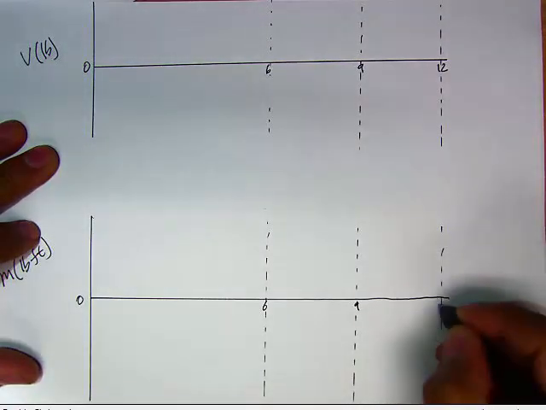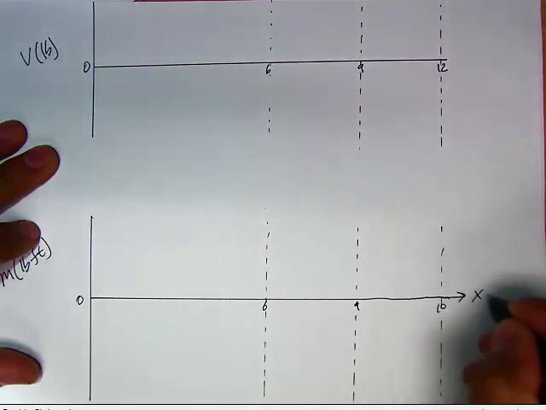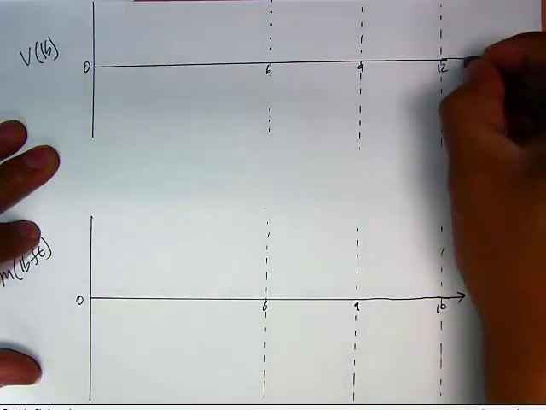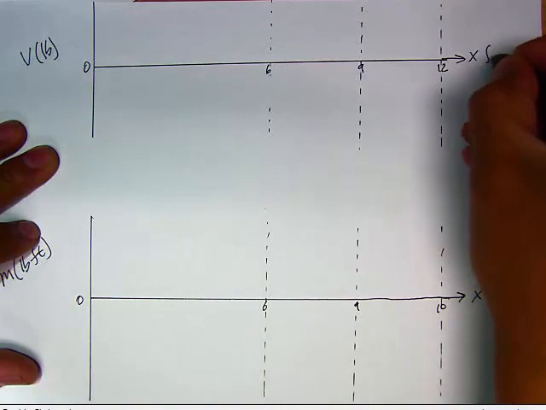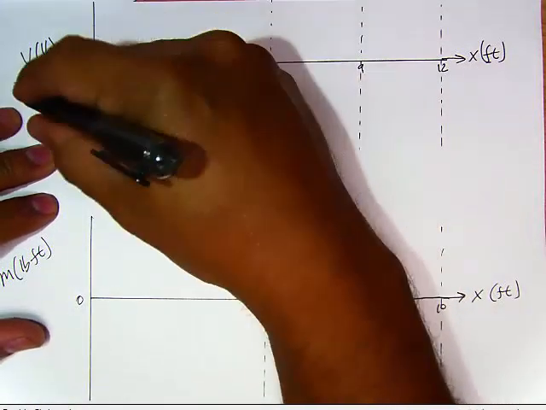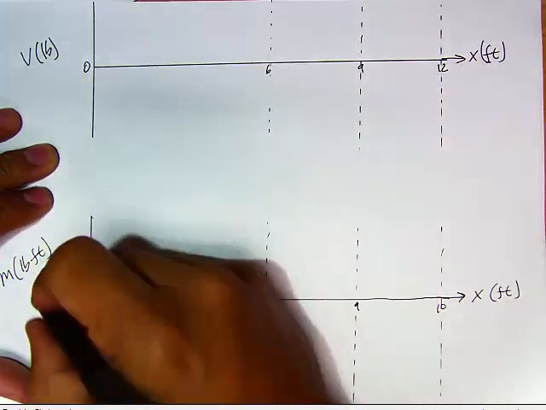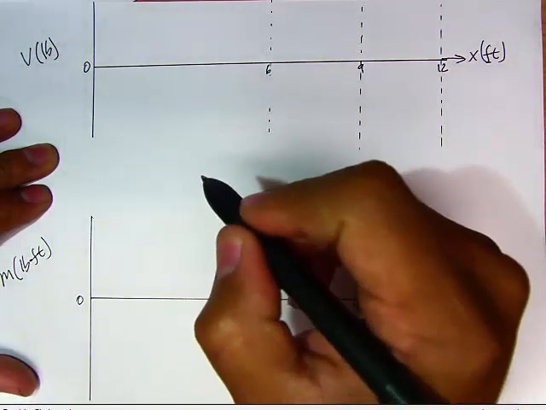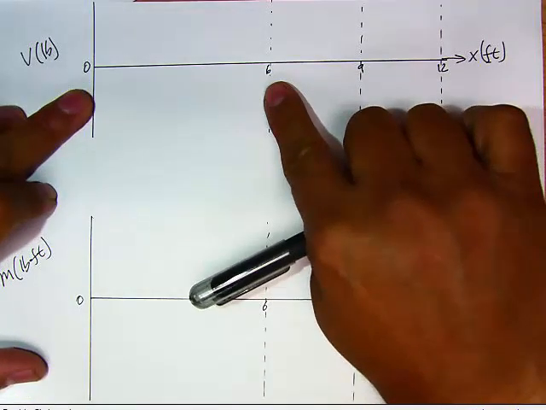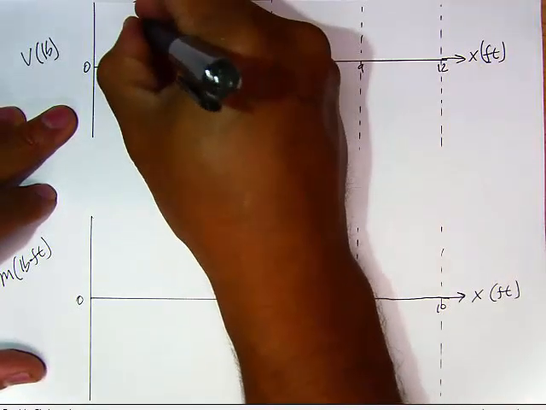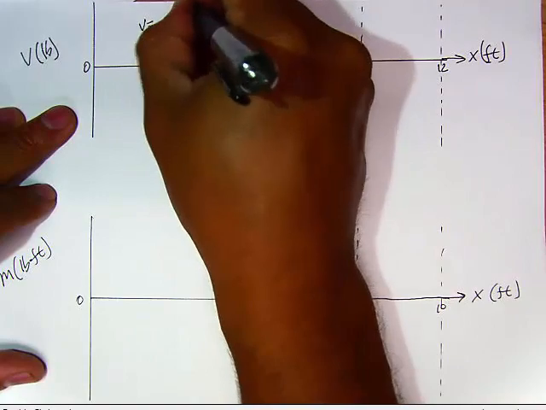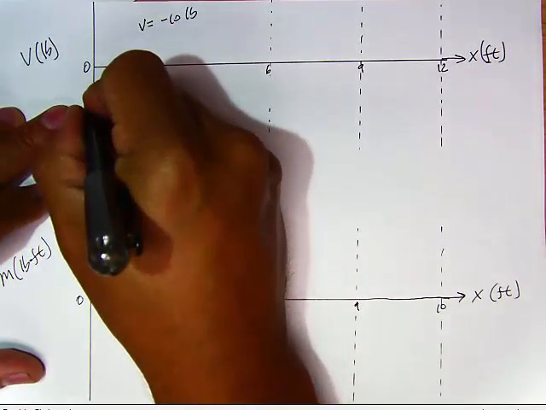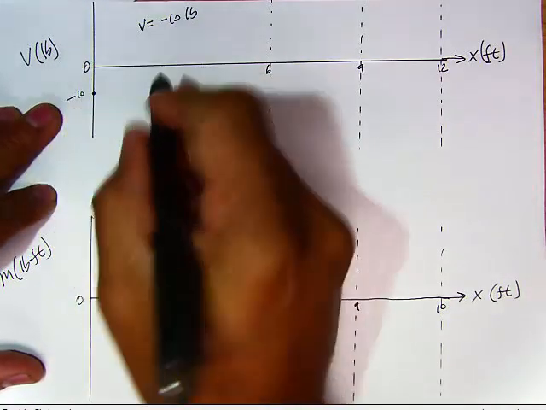Our x is in the x direction. Its units is feet. And over here we have our y-axis. This is our shear in pounds and moment in pound-feet. So for this very first section, we have an equation. That equation is V equals negative 10 pounds. So it is constant at negative 10.